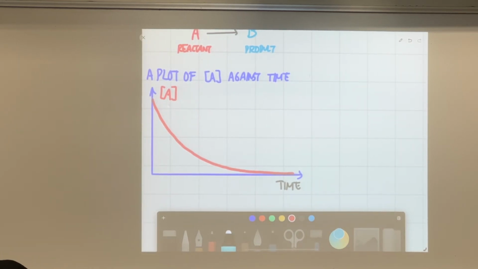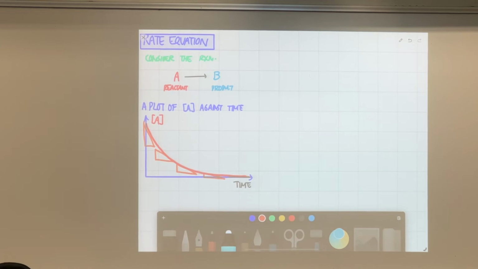So remember that. You draw a tangent here. This is the slope of the tangent at t equals 0 seconds, and then you repeat this process. You can see that the rate decreases over time, okay? So recall that rate decreases over time.